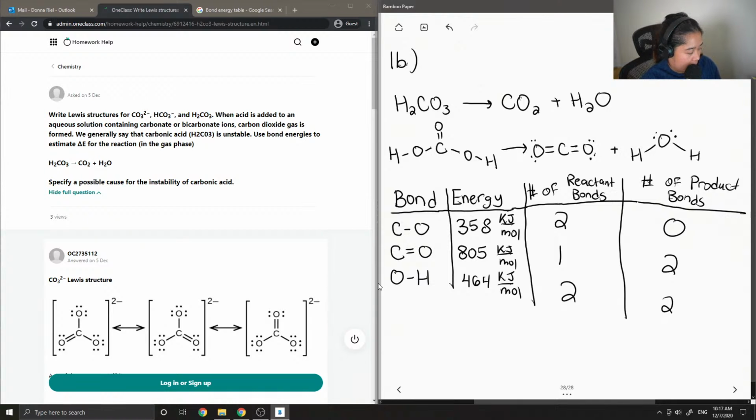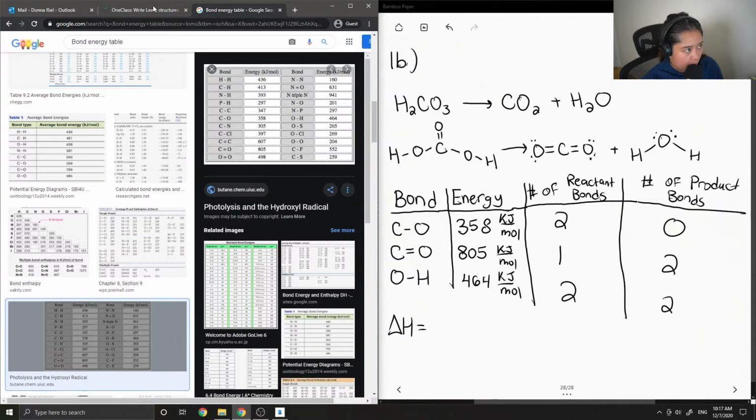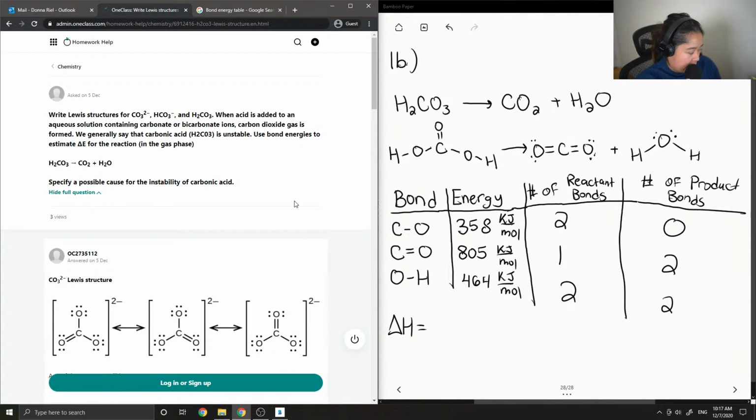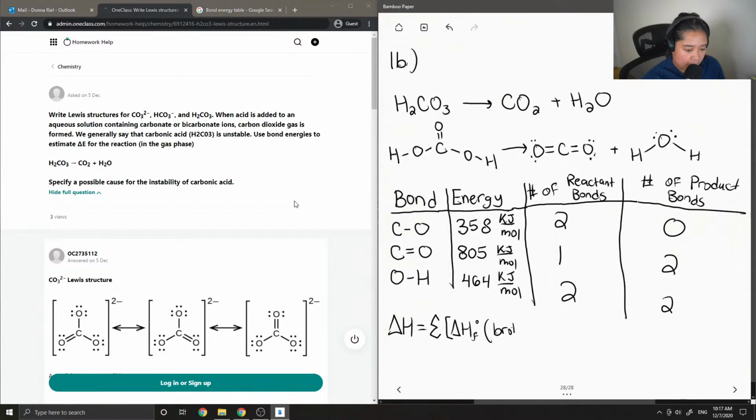That just means delta energy, but I can also denote it as delta H. Yeah, I'll just use delta H. So delta H is equal to the sum of your delta H of formation of all of the broken bonds, so all the bonds that need to be broken are from our reactants, from the carbonic acid.